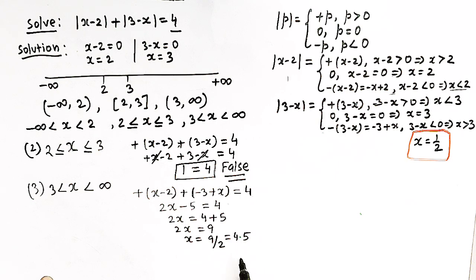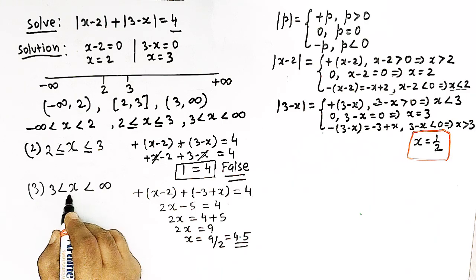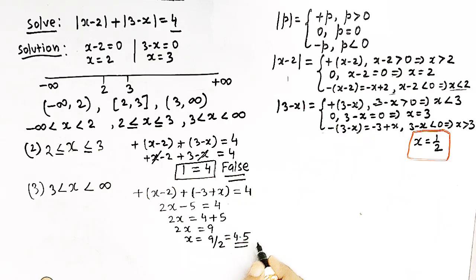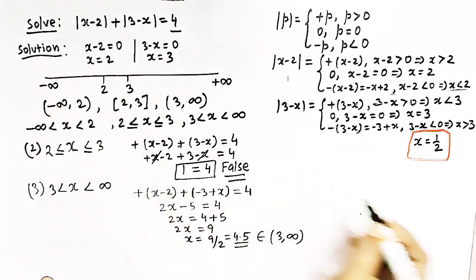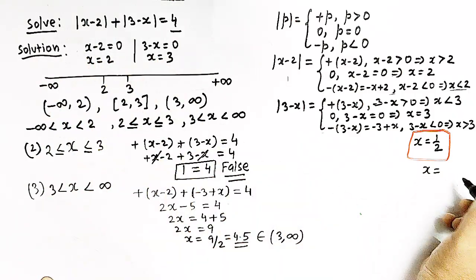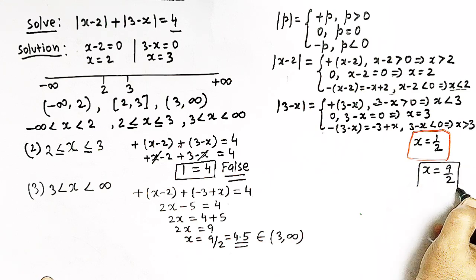4.5, right? And we can see that 4.5 or 9 over 2 lies in this interval, that is this value of x, that is 9 over 2, belongs to this interval, that is 3 to infinity, right? So our second solution of this equation is given by x is equal to 9 over 2.